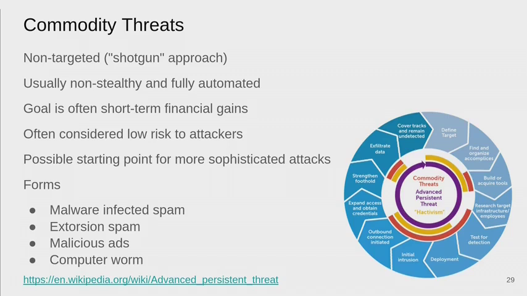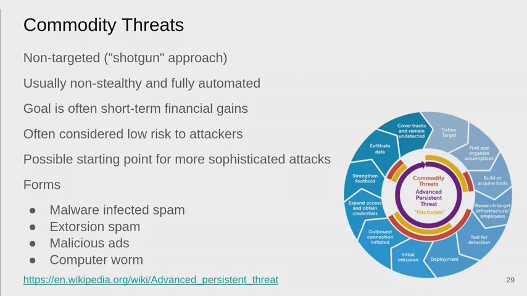As I mentioned before, there are different kinds of attacks. The non-targeted shotgun approach is where you're trying to attack everyone out there. This is usually done with N-days that have already been used in a targeted manner but are now used up. They are very cheap to buy. Or like phishing: if you're not doing spear phishing, you may be writing an email, hey, your EPFL account is almost full.